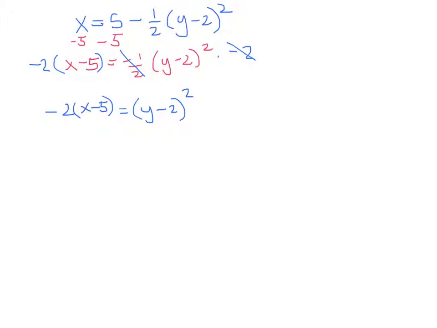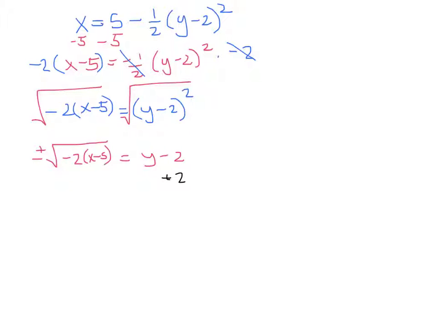And then to get rid of the square, I will take the square root on both sides. So I have y minus 2 equals plus or minus the square root of negative 2 times the quantity x minus 5. So then the last thing I have to do is get y by itself, so I have to add 2 to both sides. So I have 2 plus the square root of negative 2 times x minus 5.